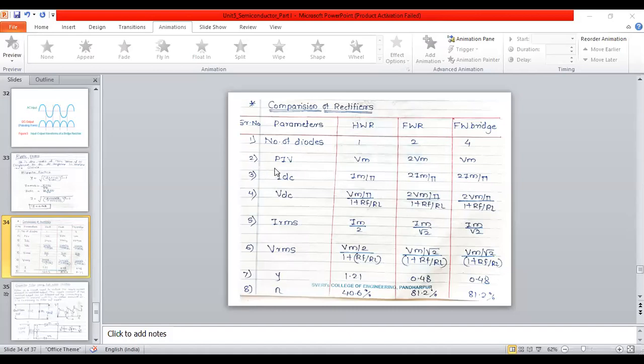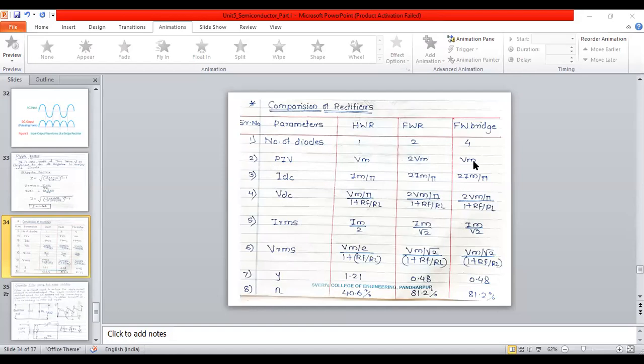Next, the peak inverse voltage. PIV is nothing but the peak inverse value. For the half wave rectifier, the peak inverse voltage is V_m only. For the full wave rectifier, it is 2 V_m.